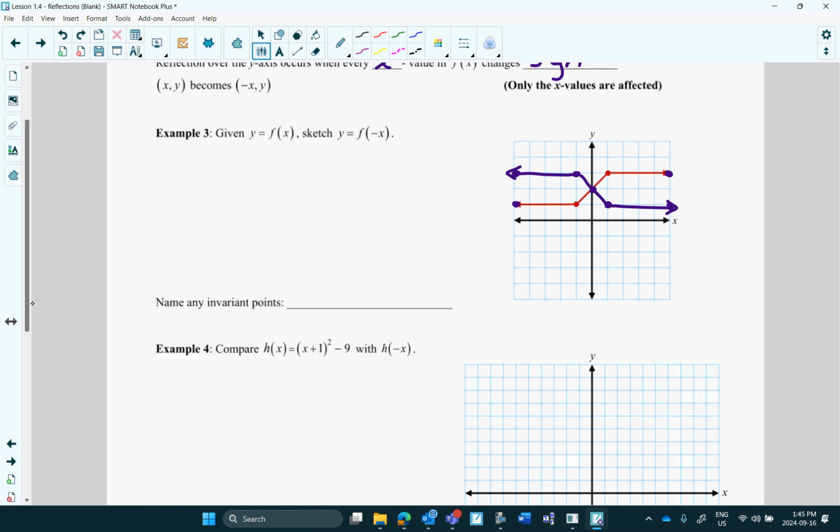What are the invariant points or points on this? Careful. 0, 2. Here we're back to a parabola, and then we're asked to flip it horizontally.